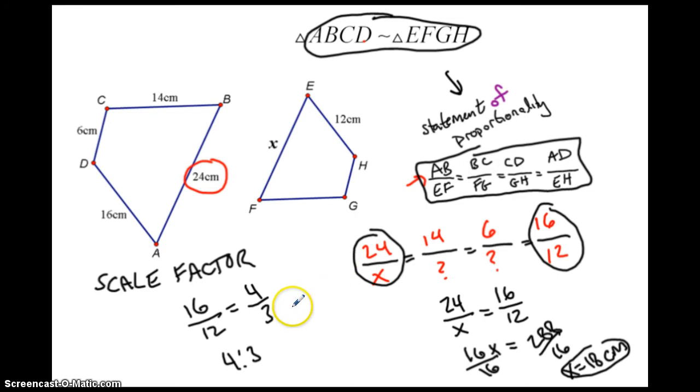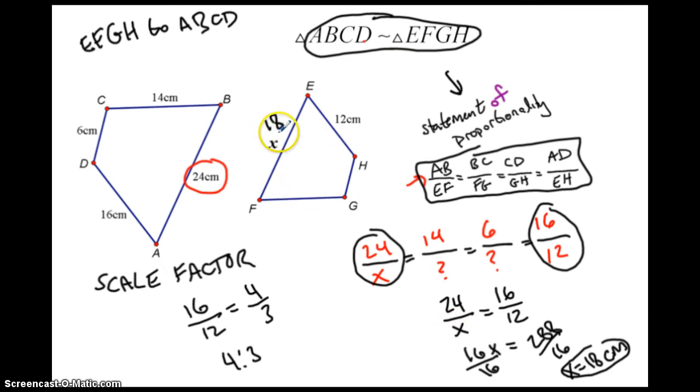Now, when you're asked for scale factor, you're usually asked for a scale factor of one figure to another. So let's say somebody hypothetically said, give me the scale factor of EFGH to ABCD. Then we would start with a number in EFGH. So let's fill in X. We now know X is 18.